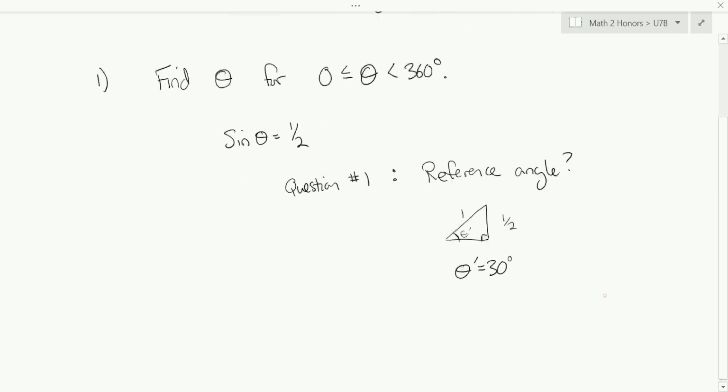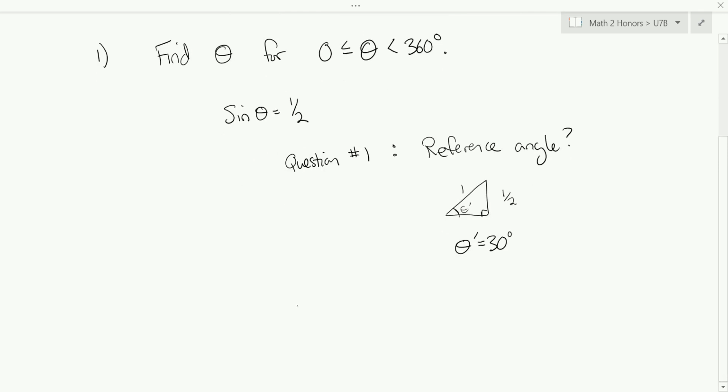Then the second question is, which quadrants could we be working in? So question number 2. Assuming we're in a quadrant, which ones would we be working in?